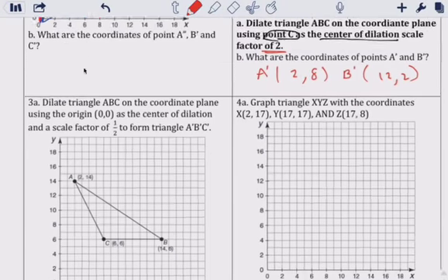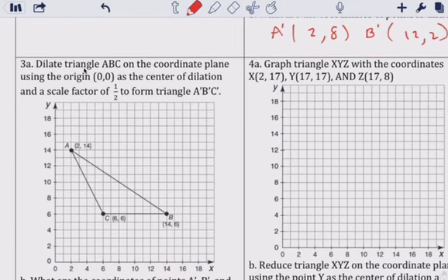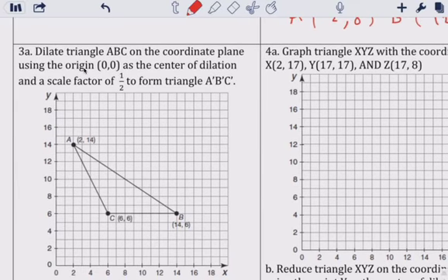Okay. For 3A, we want to make it half as big, and the center of dilation is here. So half means divide by 2. A scale factor of a half is divide by 2.